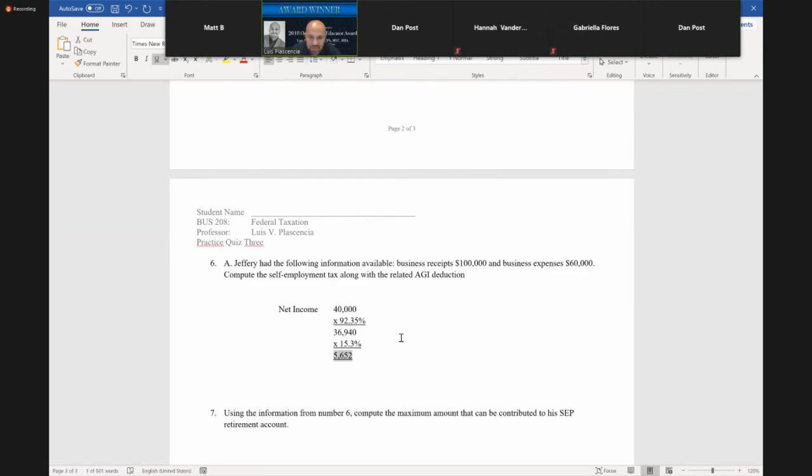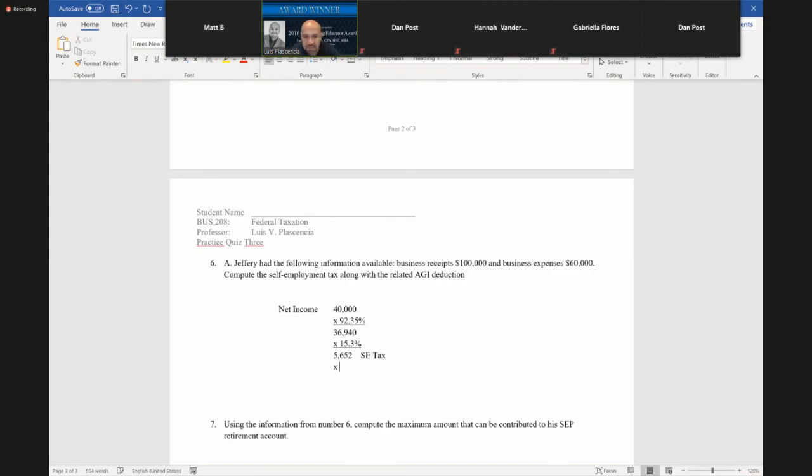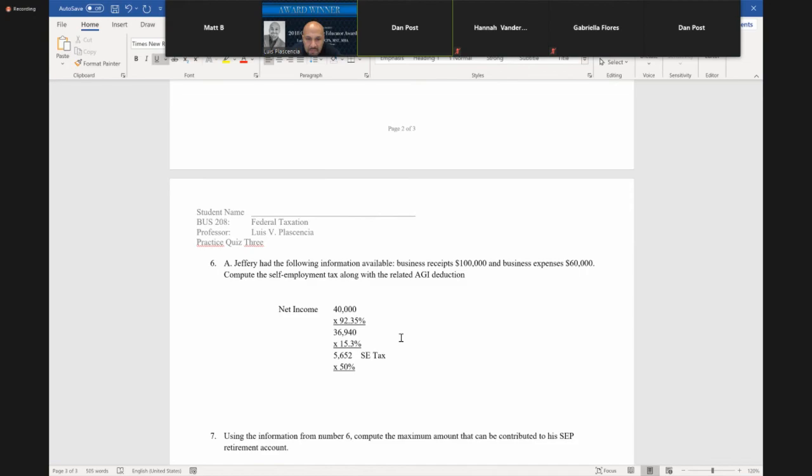All right, so that's the SE tax, right? And then times 50% for the AGI deduction, right? How much would that be for the AGI deduction? 2,826. Yeah, that sounds about right.